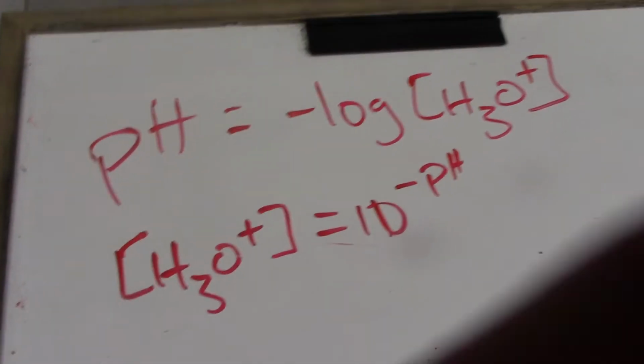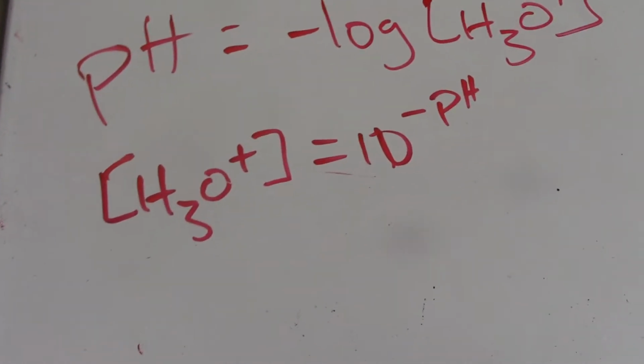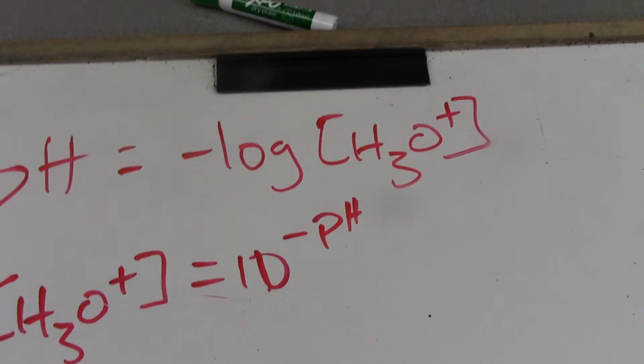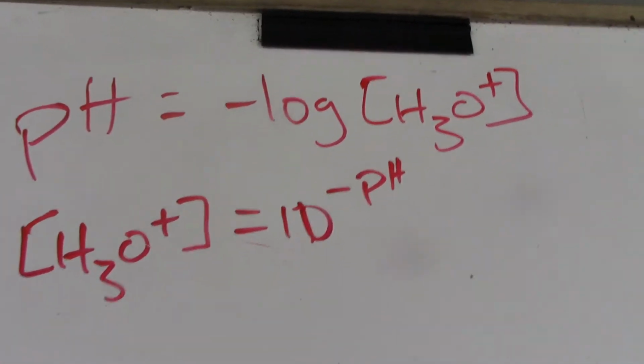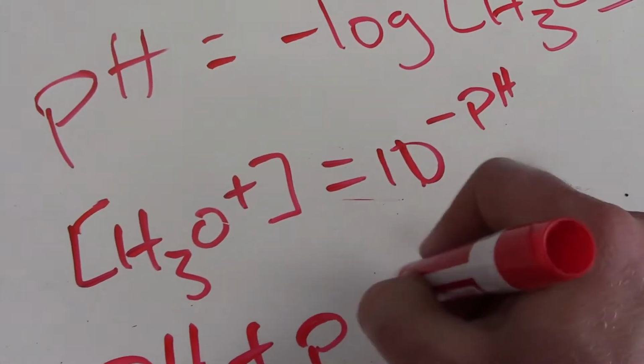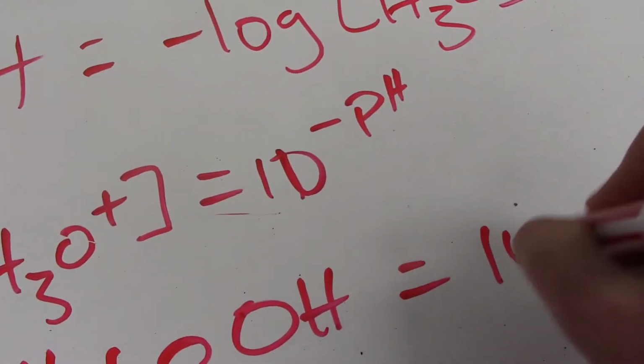The acid ionization constant of water is actually 1.0 times 10 to the negative 14th moles per liter, and that's where we get this relationship, pH plus pOH equals 14.